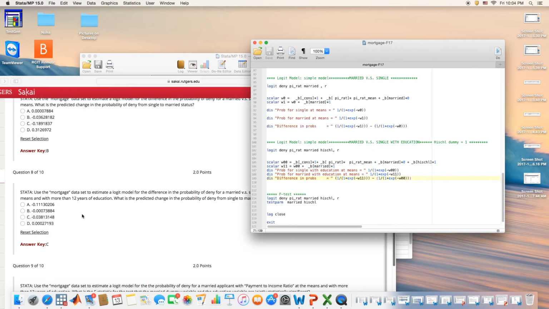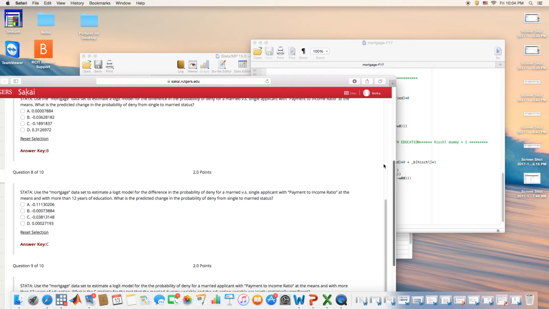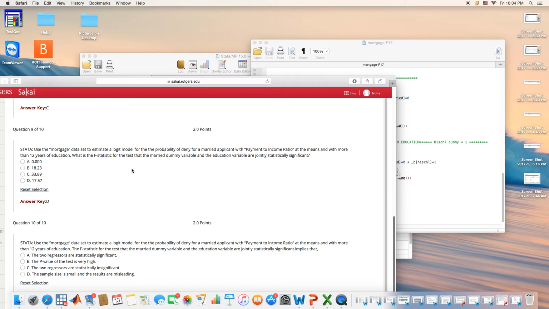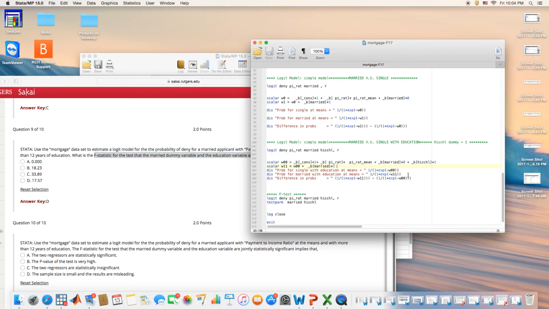The last question, question number 9, you were asked for the F statistic to test whether the married dummy and the education variable are jointly statistically significant. So you want to test the joint significance of the married dummy and education. To do that, it's very simple.